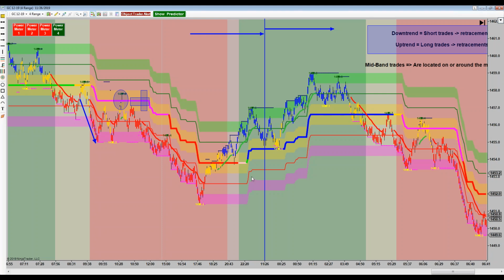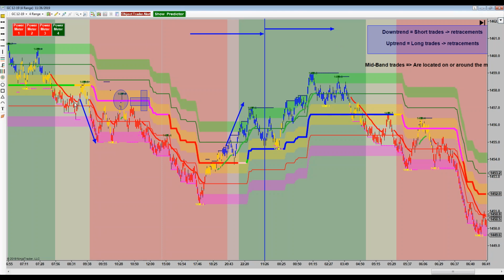Now, going into midnight on the 26th, at the tail end of the Asian session, we get a thrust in which direction? Right here. Oh, let me go back. I forgot to do one thing on the downtrend short side that I need to speak to before we can move on.